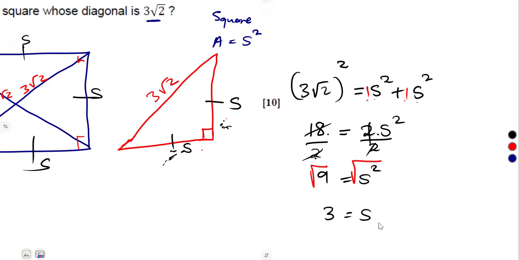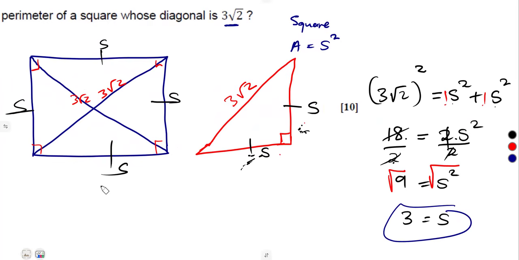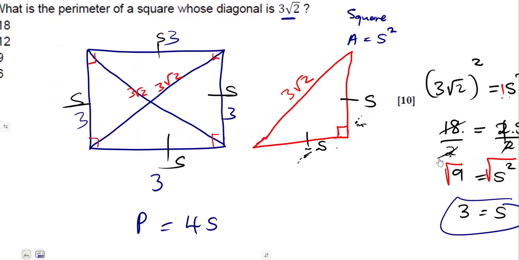So each side that we are given is 3 units. This is 3, this is 3, this is 3, this is 3. So what is the perimeter? Because we have the side, the perimeter of a square is 4S: 4 times one side, or you add all 4 sides.